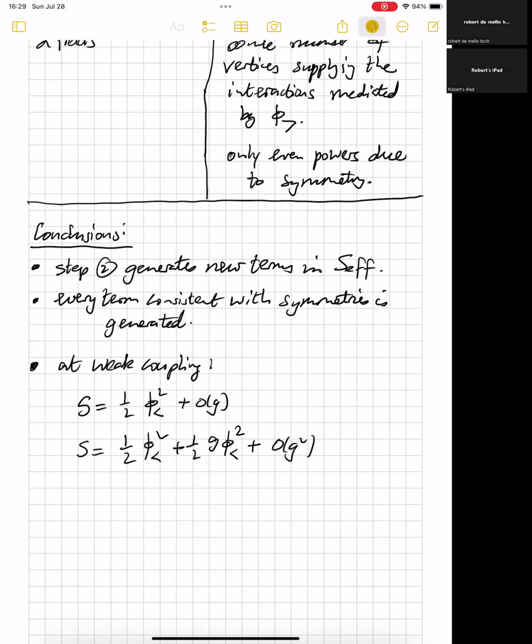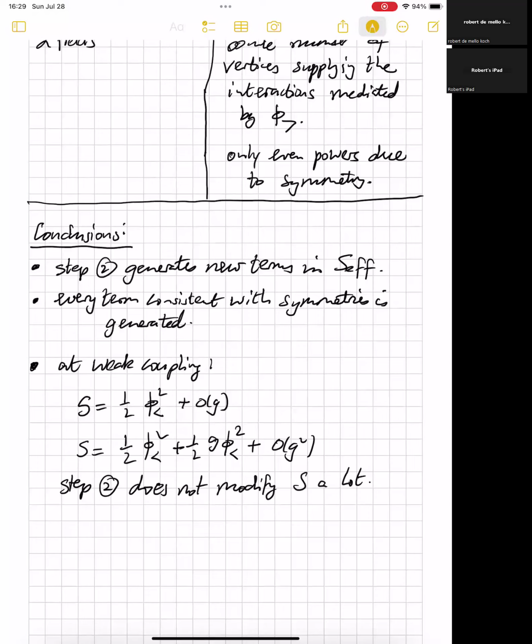Or you might have included a few other terms. But the point is, if you're at very weak coupling, step 2 does not produce a lot of changes. Of course, if you work exactly, then it produces an infinite sequence of vertices, as we've seen. But at weak coupling, step 2 does not modify S a lot. Good.